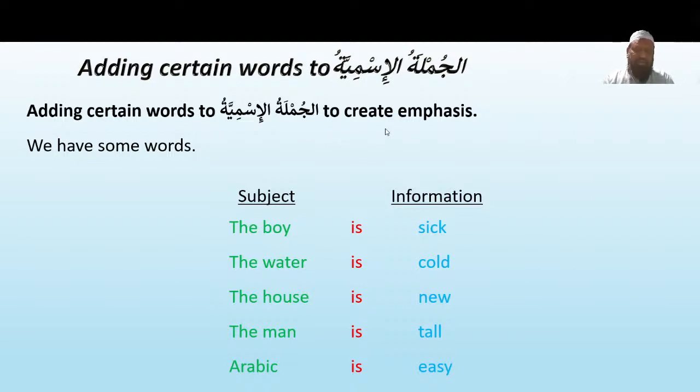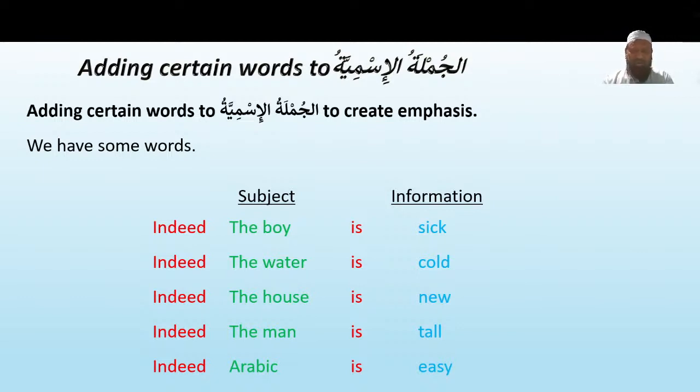We want to make jumla ismiya emphatic to give us a stronger meaning. In English there are certain words we need. We'll give you one example: if we add "indeed" (there are other words, surely, verily), the jumla gives us a stronger meaning. Indeed, the boy is sick.